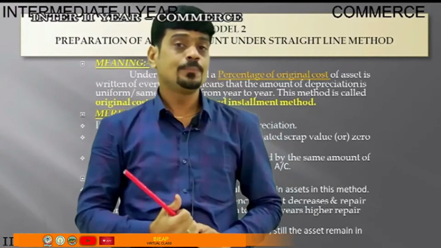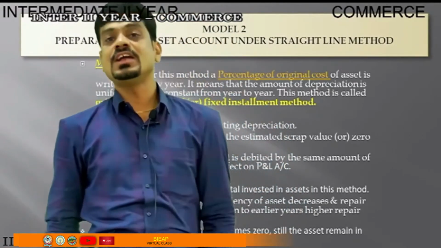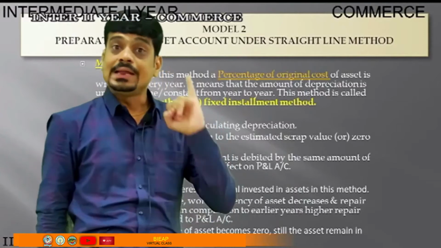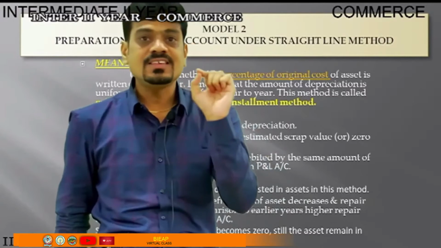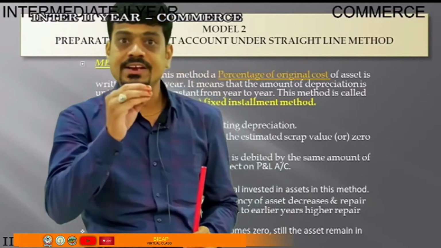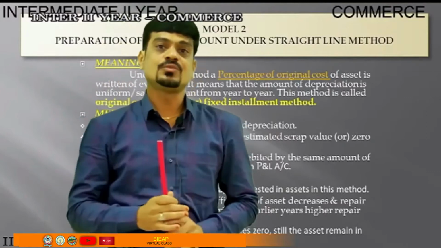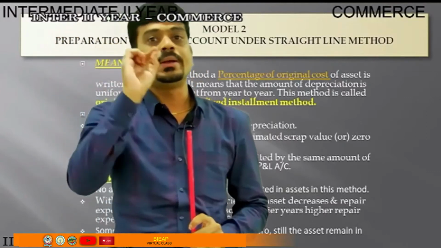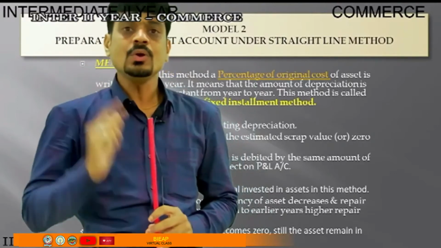Next important point, in the last class I taught you 3 basic journal entries. I told you one should know the entry for purchasing the asset. What was the entry for purchase of asset? The entry for purchasing the asset was asset account debit to cash account.